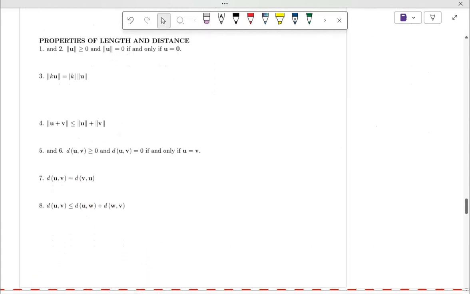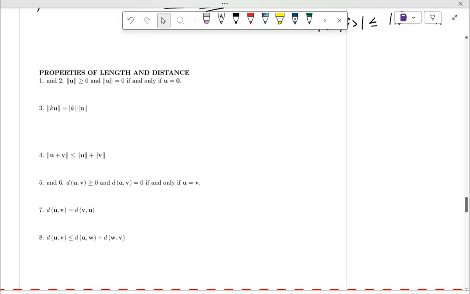All right, you should be able to do these proofs pretty quickly. It's a matter of just rephrasing these things in terms of the definitions with the inner product. Okay. The only one that's a little bit trickier is this one, but it involves the Cauchy-Schwarz inequality.